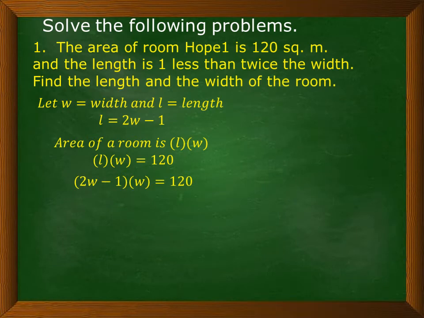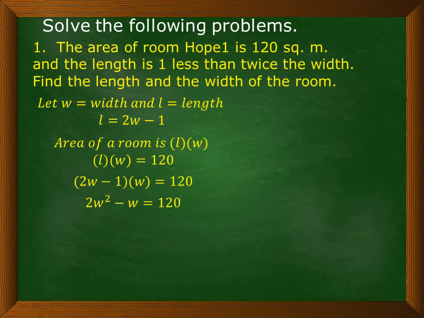Your L in the previous equation was substituted by 2W minus 1. Then, distribute W to 2W minus 1. So it becomes 2W squared minus W equals 120.